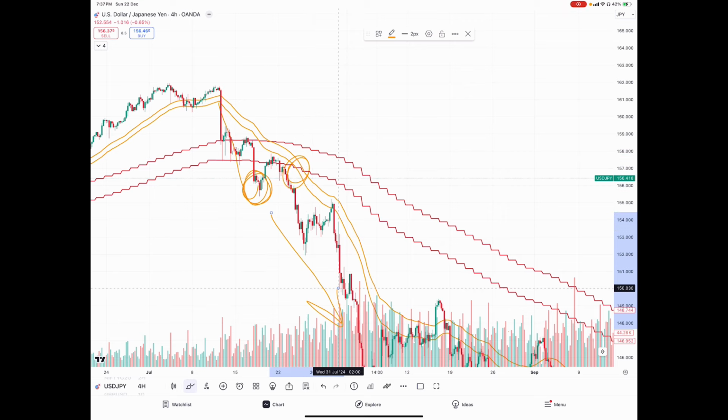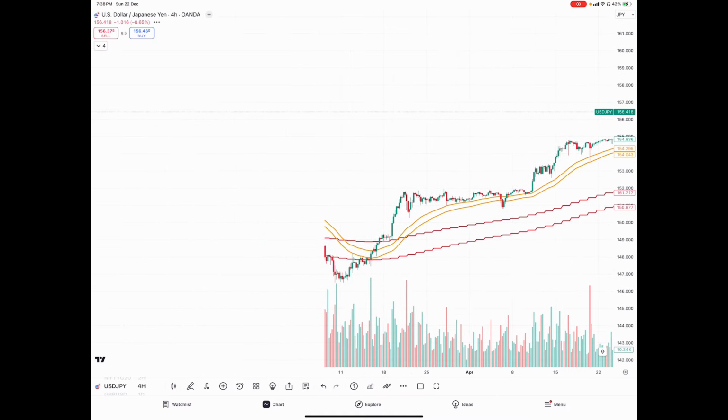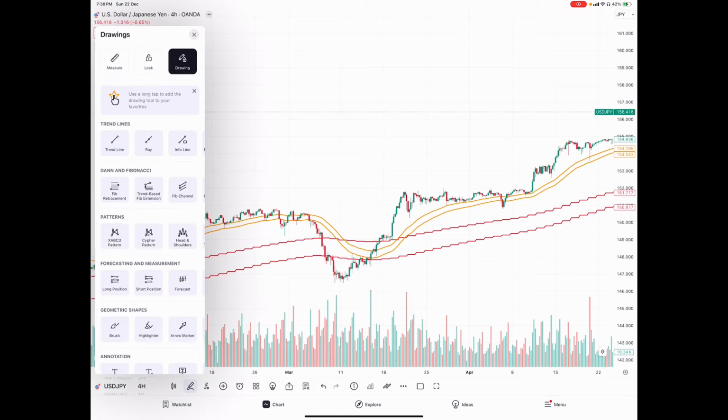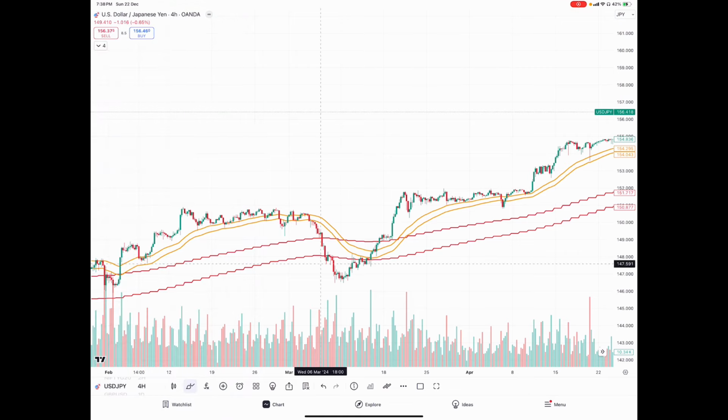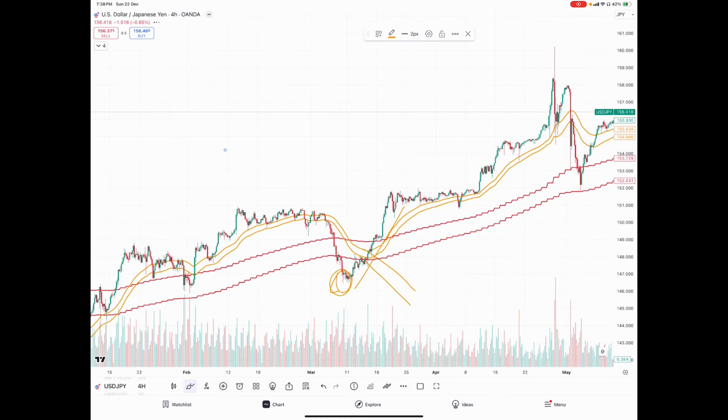The movement continued. If you see here, it's the same example. The candles broke below the red lines, but the orange lines did not break. So it reversed. So this is the easiest way to analyze the market using this indicator.